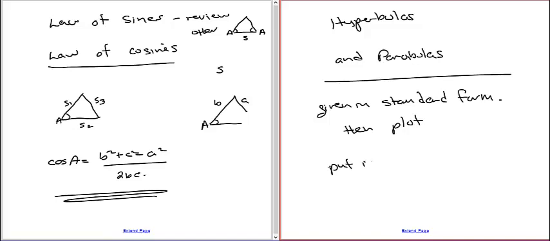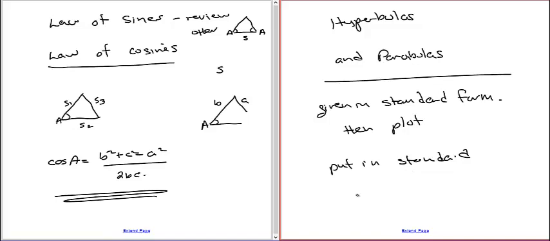The second one was to put in standard form, and that was the last problem on the last test, which was an ellipse. So be prepared to either put the hyperbola or the parabola in standard form. If you didn't get that right, then you probably want to learn how to do it.